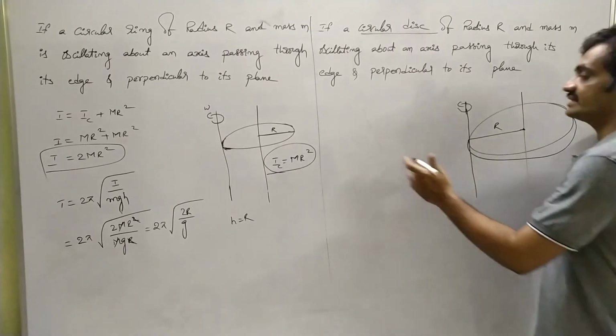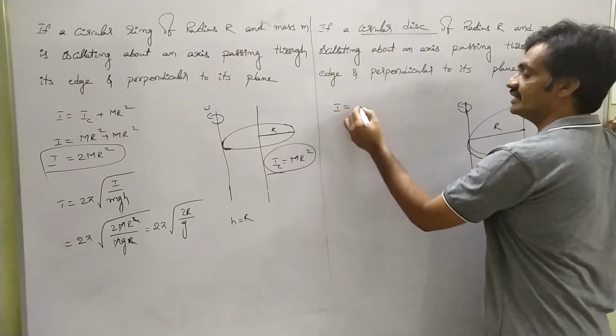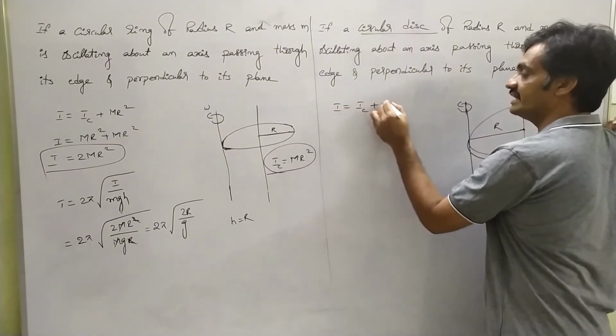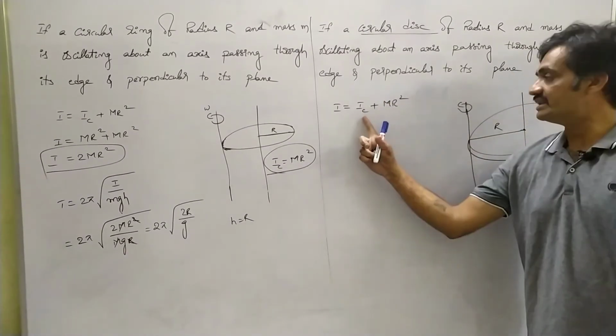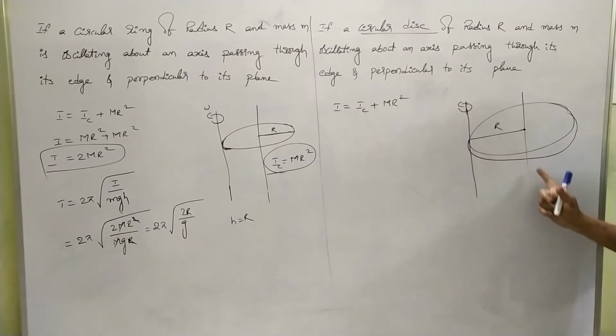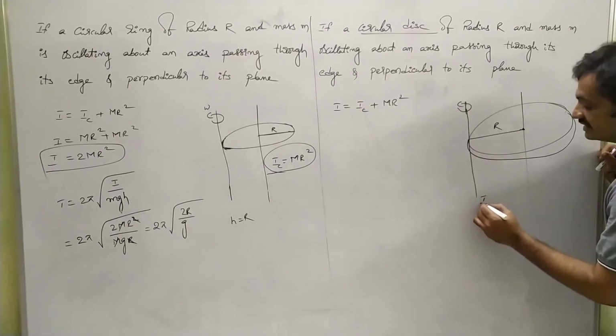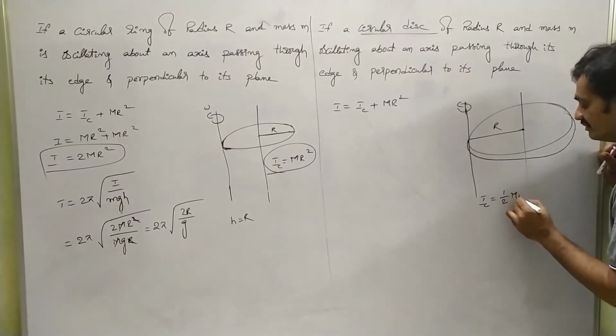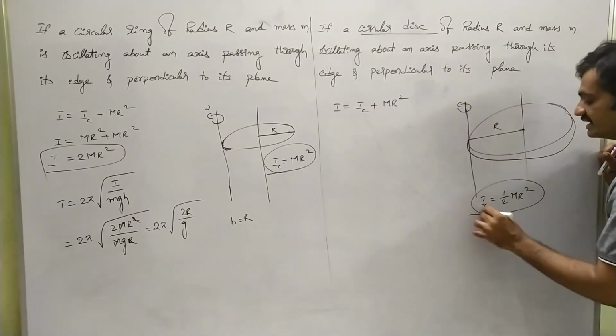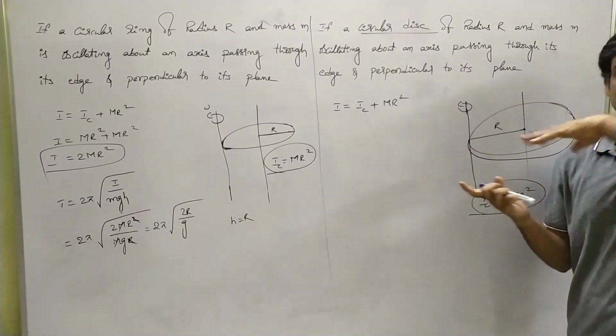Now observe that we have two axes. So based on these two axes we can apply the parallel axis theorem, where we know that I is equal to I suffix c plus mr square. About the center of mass axis, the moment of inertia is represented as I suffix c equals 1 by 2 mr square. Why? Because the disk is rotating tangentially.